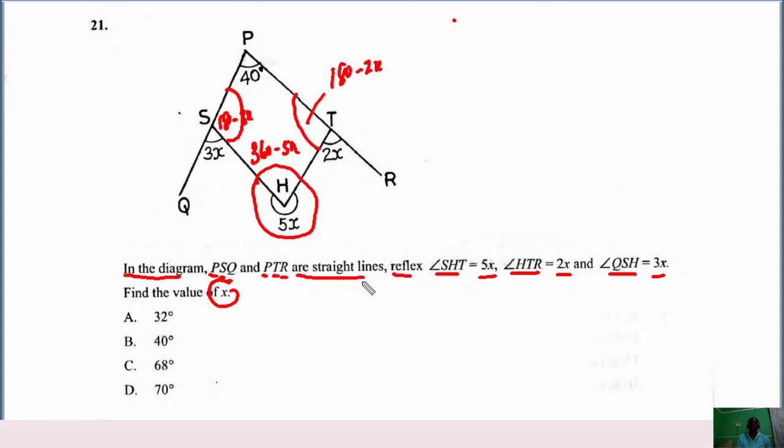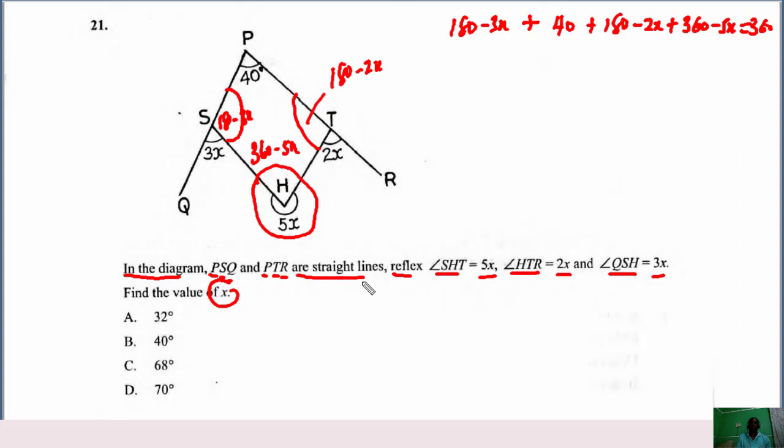We add all the interior angles: 180 minus 3x plus 40 plus 180 minus 2x plus 360 minus 5x is equal to 360.